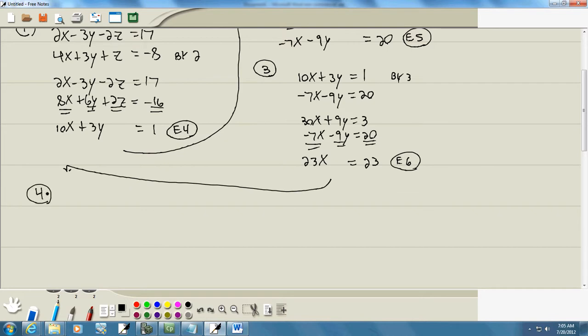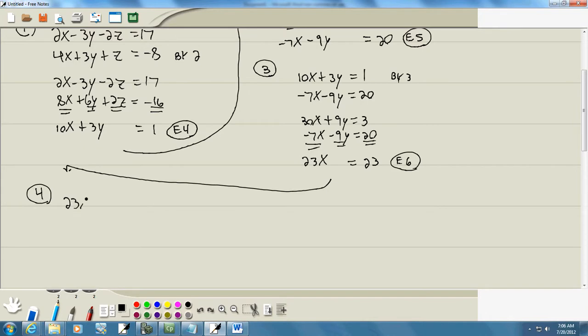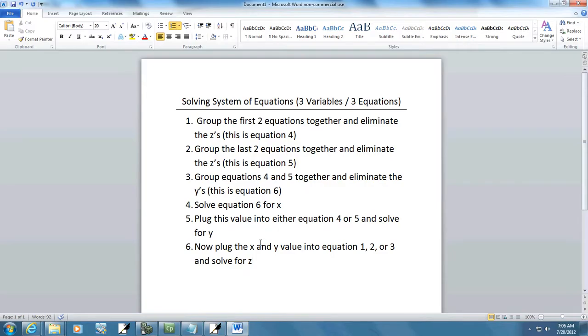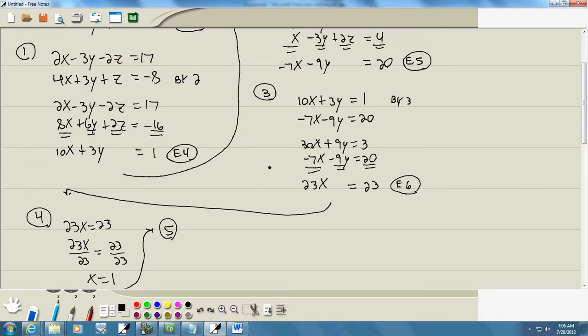Okay, so step 4 says solve equation 6 for x. So we've got 23x is equal to 23. And here we'll divide both sides by 23. And 23 divided by 23 gives us 1. Well, step 5 says now plug this value into either equation 4 or 5 and solve for y. If I scroll up a little bit, 5 looks kind of hard, but 4 doesn't look too bad.